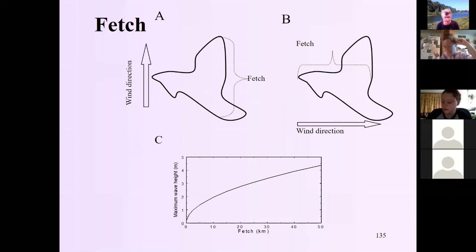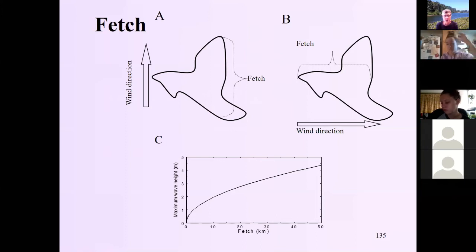So in this case, if the wind's always coming from the south, then this would be the maximum fetch. If the lake always had the wind from the west, then the fetch would be here. The longer the fetch is, the more the lake mixes.